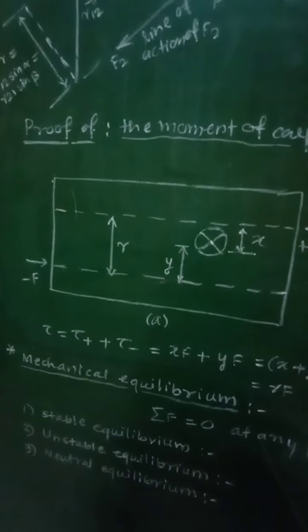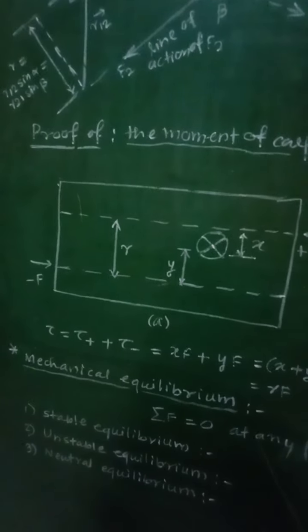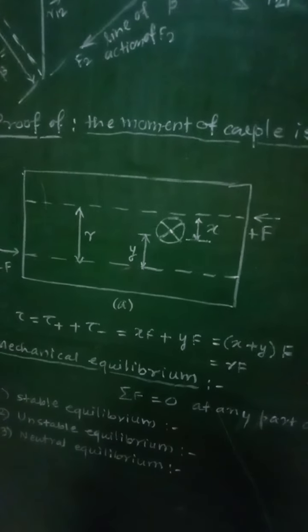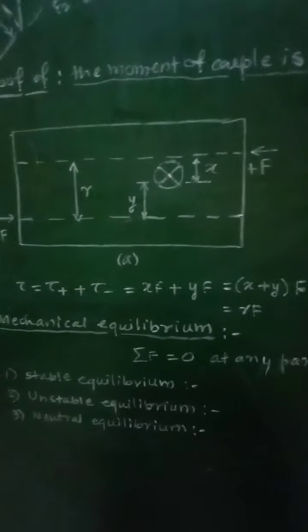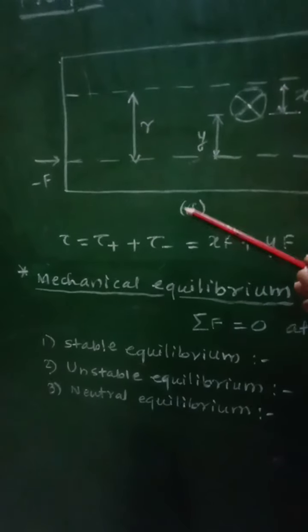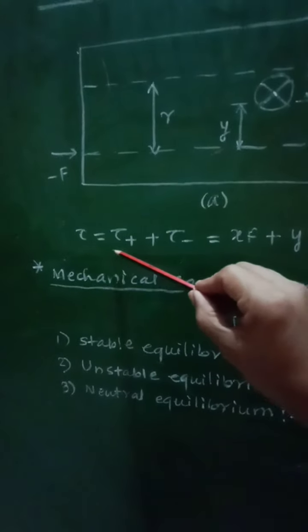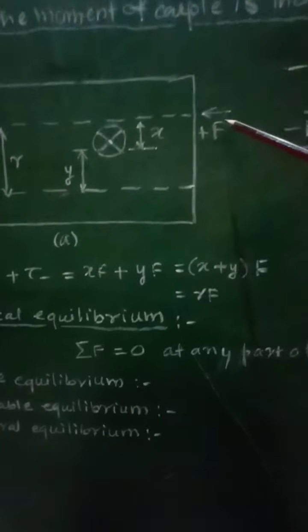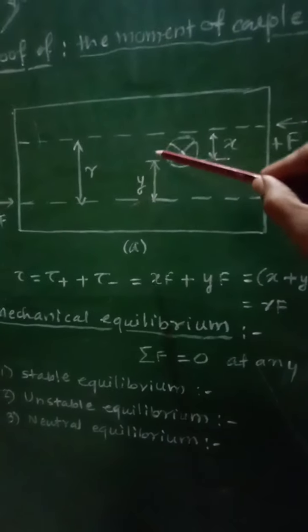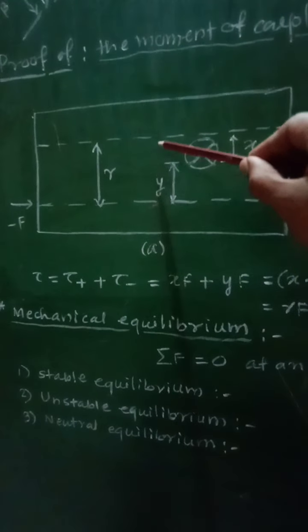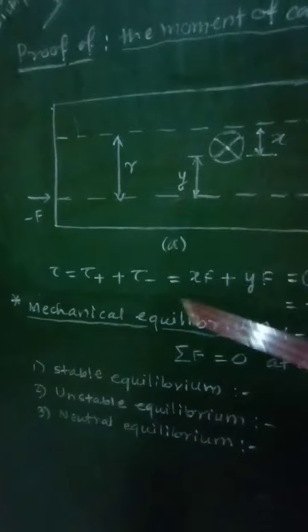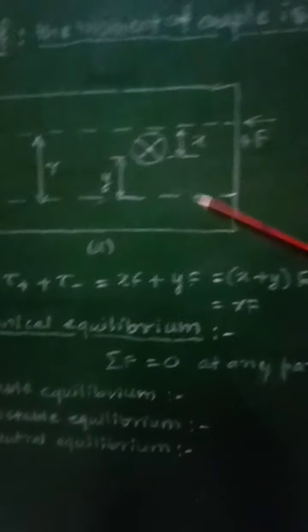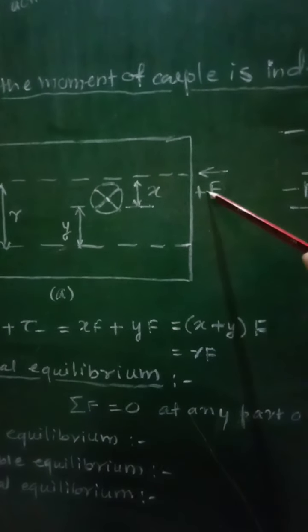Now, as one force is directed towards the right and the other towards the left, and the distance between the two forces is r, the total torque will be the sum of the torques due to the plus F force and the minus F force.